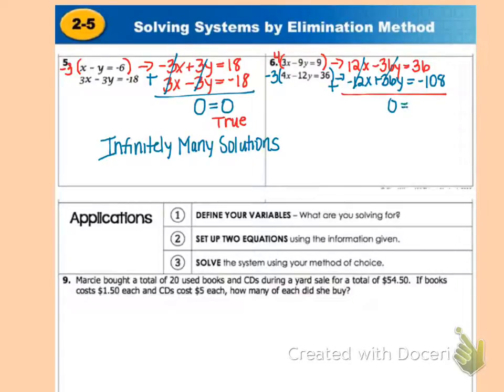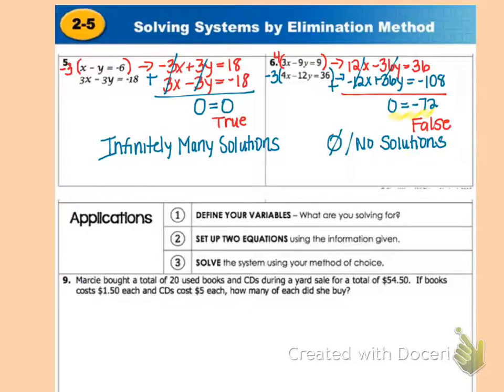But then on the other side, when I add the constant terms, it turns out to be -72. And we end up with a statement here that is clearly false. 0 is never equal to -72, and so the variables have canceled out, and I have a false statement. And you may recall that means that there are no solutions. So that's the empty set, or no solutions.